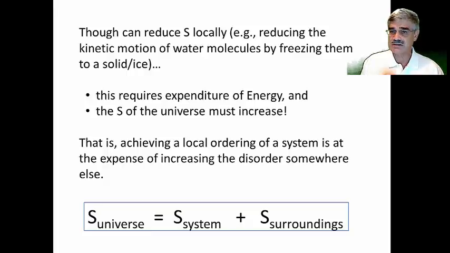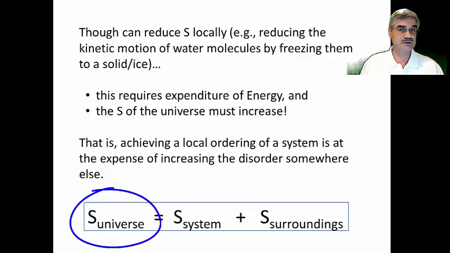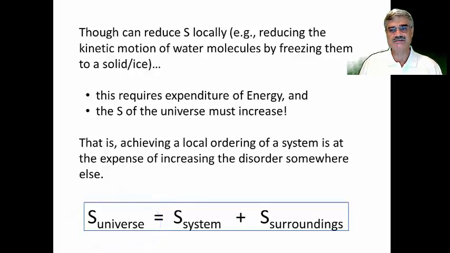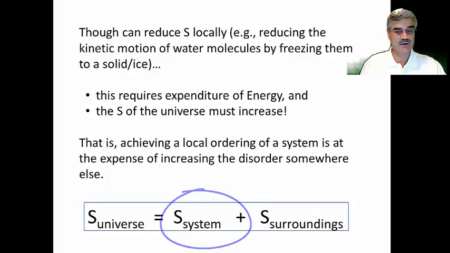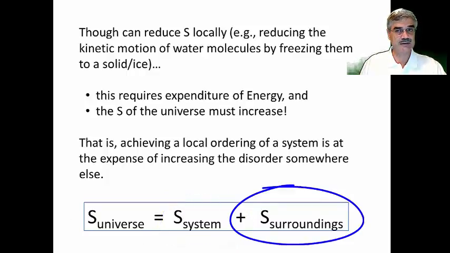And that's because, if you note, when we've talked about the second law of thermodynamics, we've talked about the entropy of the universe, very large. The entropy of the universe is considered to be the entropy of the system, whatever it is we're focusing on, plus the entropy of the surroundings.